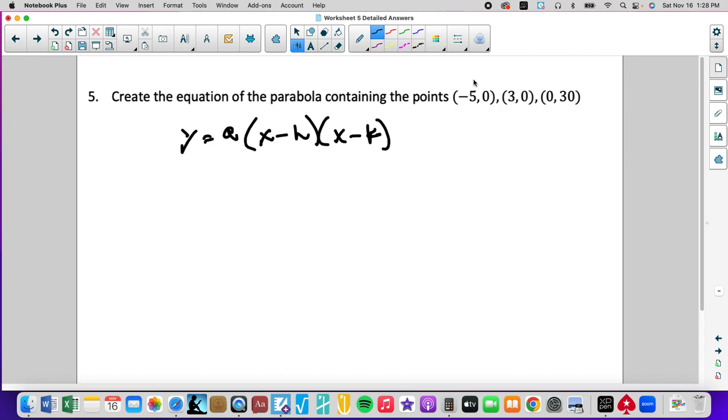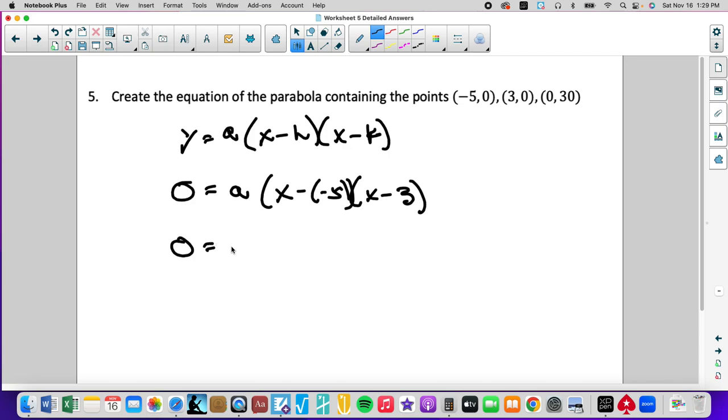So I know my y is going to be 0. I don't know what my a is. This is going to be x minus negative 5, and x minus 3. How do I get the a? x plus 5, x minus 3.